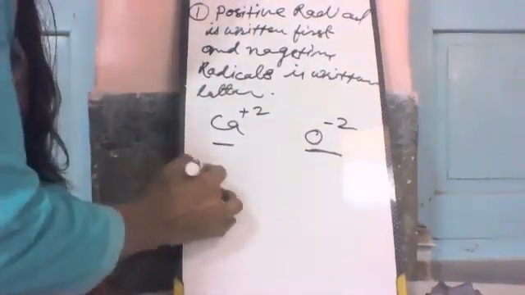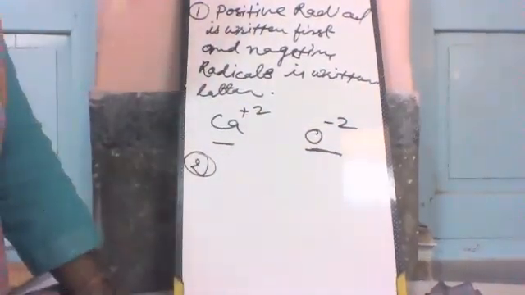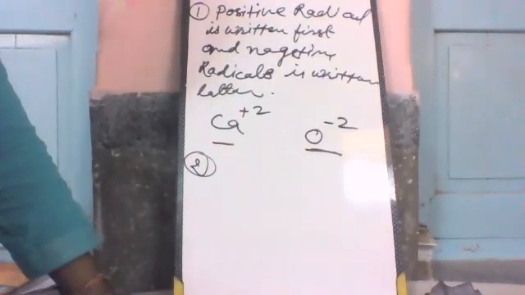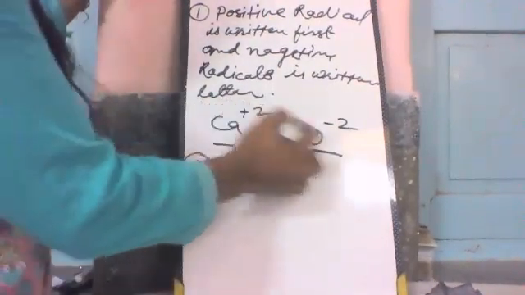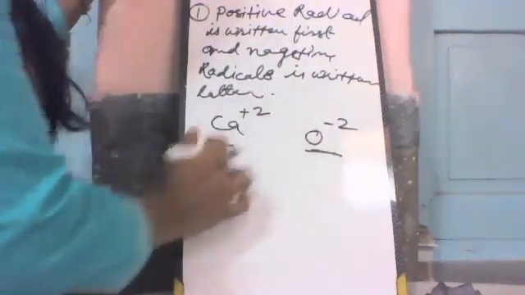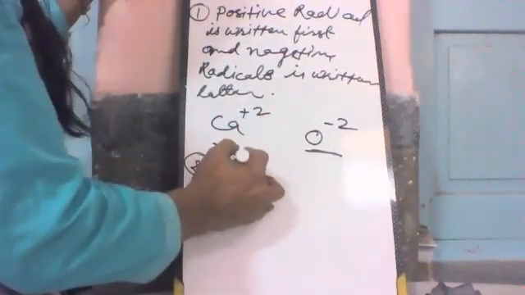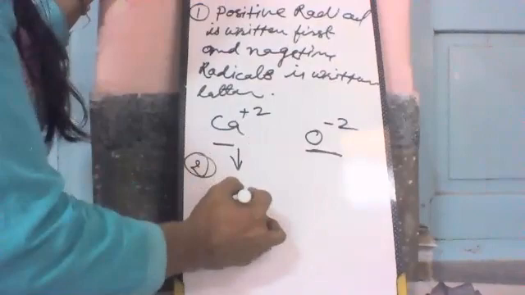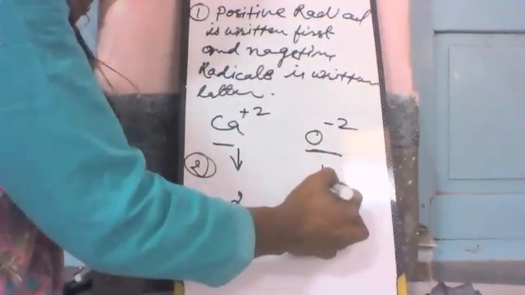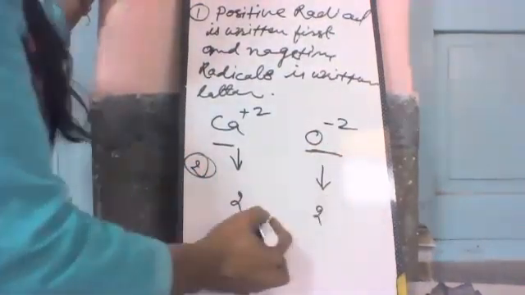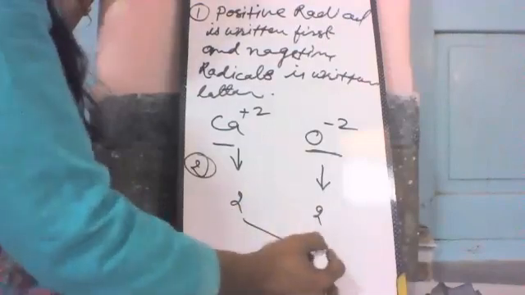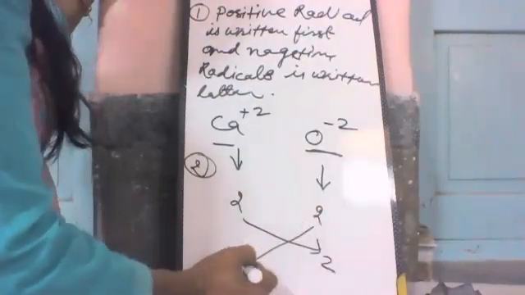The next rule is that the charges present on top are interchanged. These are the charges present there. The charge of calcium is 2 and the charge of oxide is 2. We can interchange them.